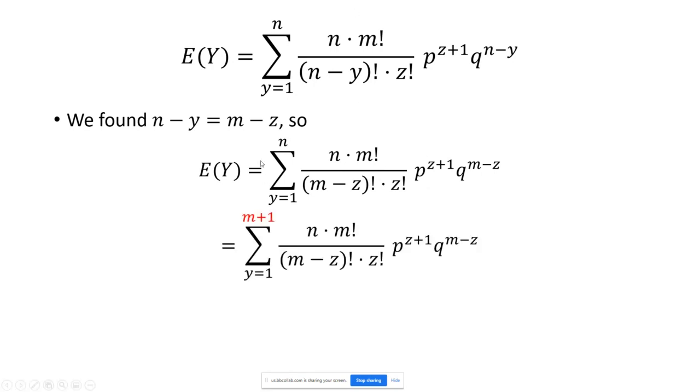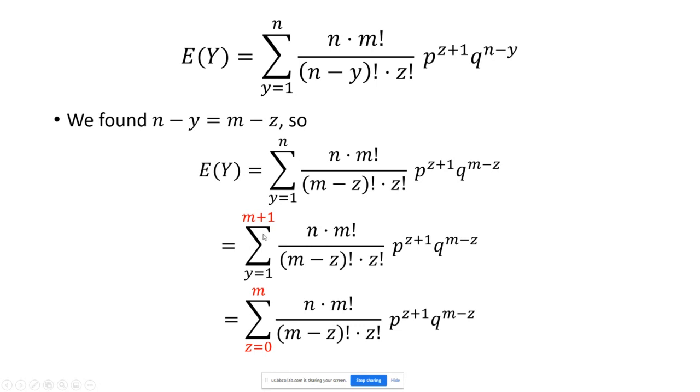We can replace the n in our summation by m plus 1. And if z is y minus 1, then as y goes from 1 up to m plus 1, z is going to be going from 0 up to m. Because z is y minus 1, we've subtracted 1 from both the lower and the upper bounds of our summation.